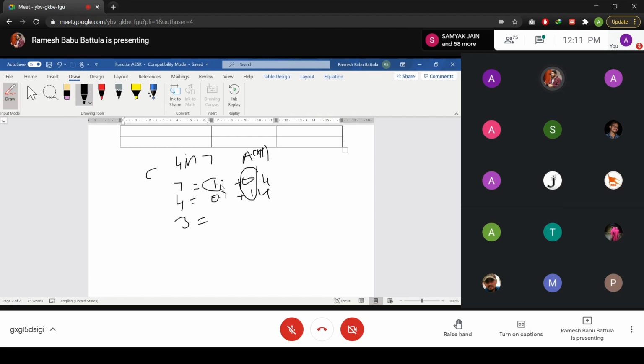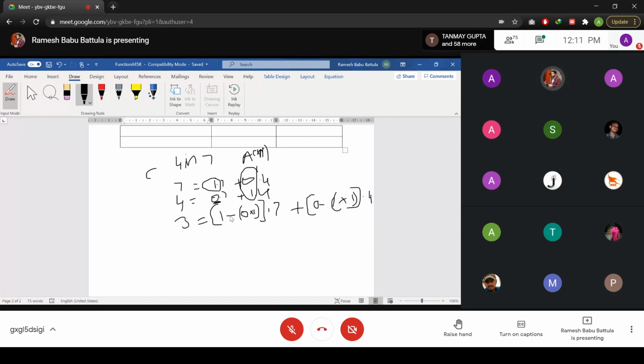First my previous-to-previous value 1 minus the previous value 0, multiplied by the coefficient value 1, into 7, plus here also the previous-to-previous value 0 minus the present value multiplied with the coefficient value 1 into 1, this whole multiplied with 4, is equal to 3.